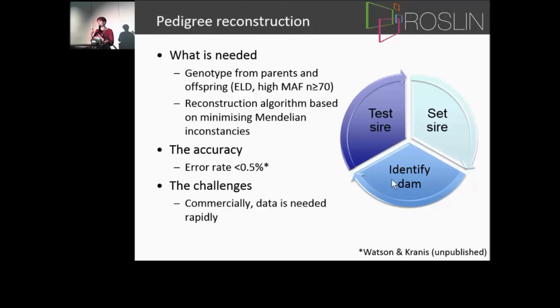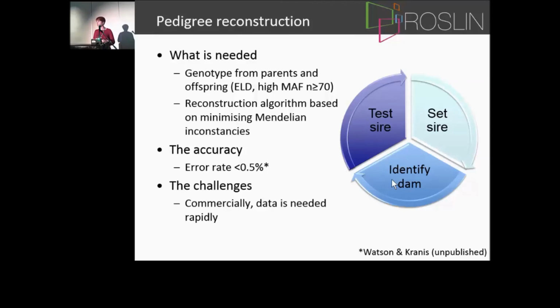Based on that male parent and child relationship, we identify a dam which minimizes the Mendelian inconsistencies. We then circle around that process again to home in on the true parent-offspring trio. And we've been able to estimate error rates of less than 0.5% using this process.